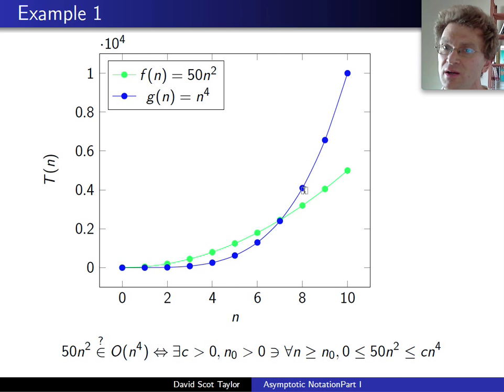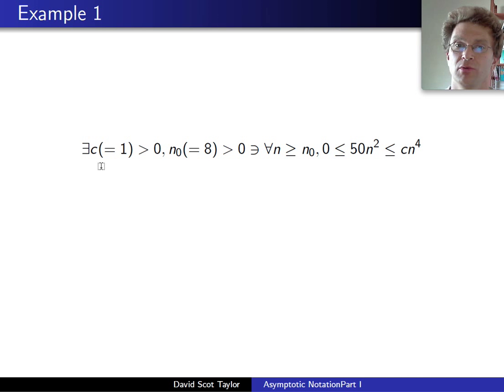And we see here, if we use n naught equal to 8, then 50n squared is less than or equal to 1 times n to the fourth for n at least 8. So great: c equals 1, n is at least 8.